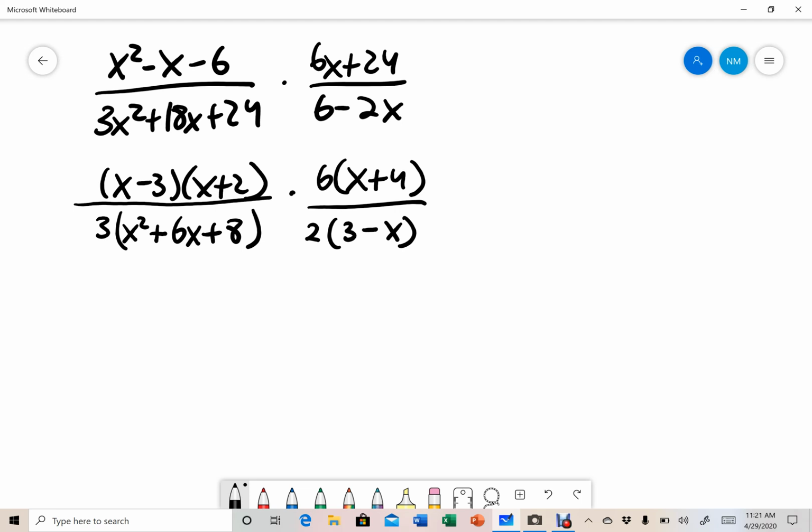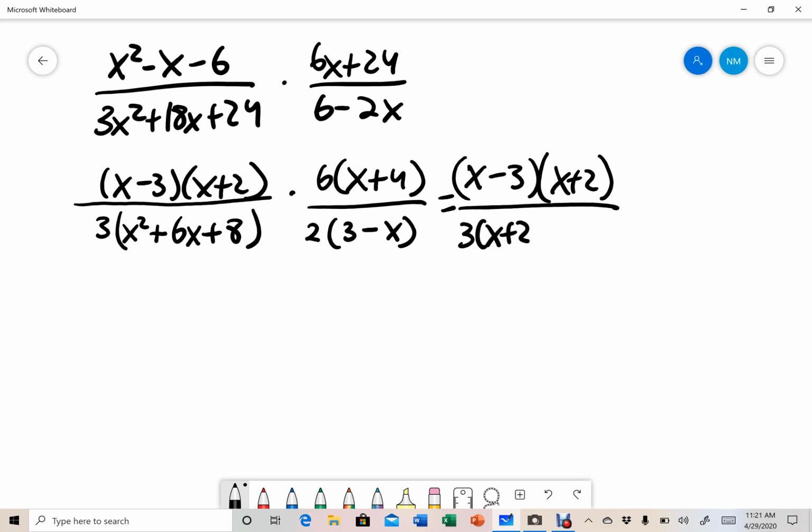Now, I am going to go a step further here. I've got x minus 3 times x plus 2, and these two steps can be combined if you want to. Doesn't matter to me. I just wanted to lay them out so that you could see what numbers we're dealing with and how we get from one step to the other, okay?